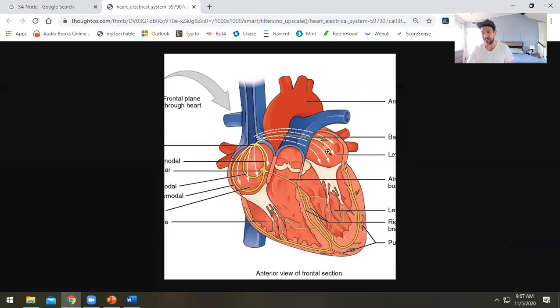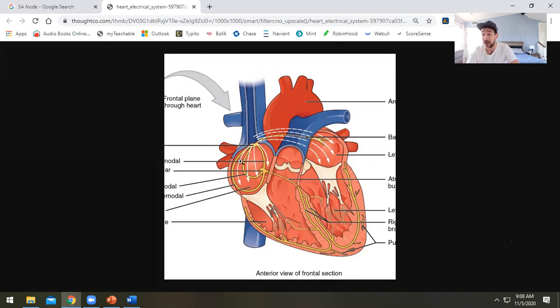This is the left atrium, even though it's on the right side of the picture. These are reversed because it's from the view. This is the right chamber of the heart because it's on the left side. This is the left chamber of the heart because it's on the right side. That always confuses me every time.